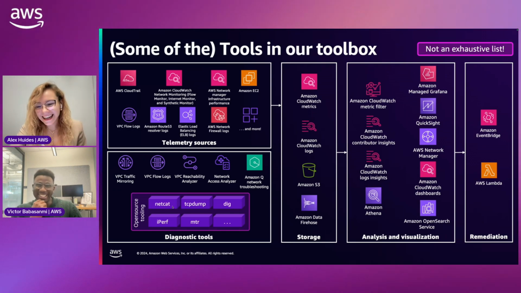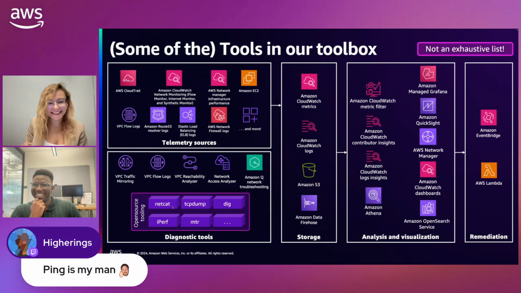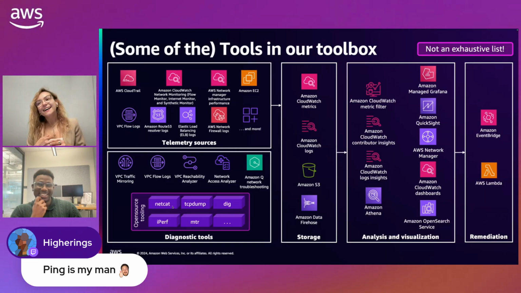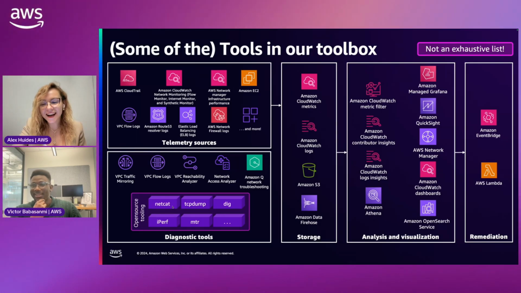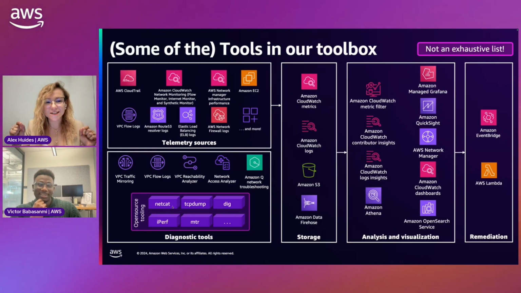Nice. I see here in the chat, Hiring says ping is my man. Love it. But ICMP sometimes might be blocked by security groups, so it's not always useful. I have a funny story about ping. This was the thing that got me to fall in love with networking, actually.